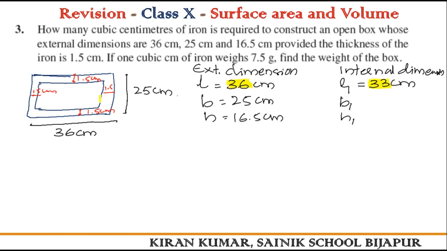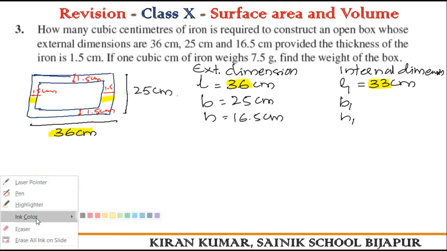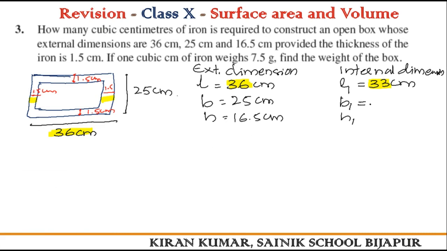This 1.5 and 1.5 are subtracted from 36, so it becomes 33. The breadth will be 25 minus 3, it becomes 22 centimeter. Similar is the case with height. It's an open box, so 16.5 minus 1.5 we need to do. 16.5 minus 1.5 is 15.